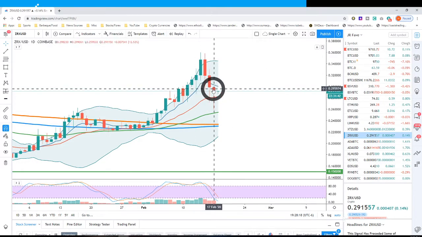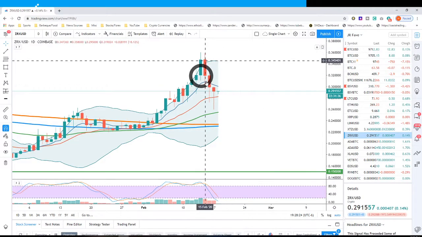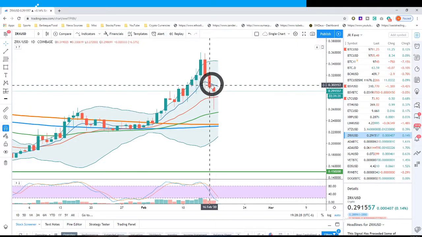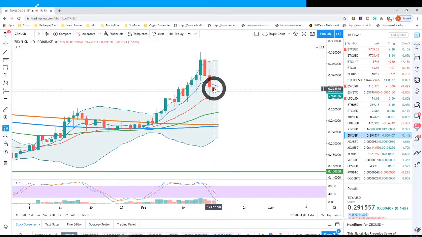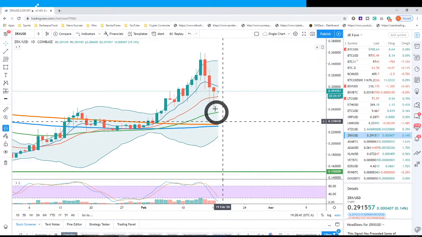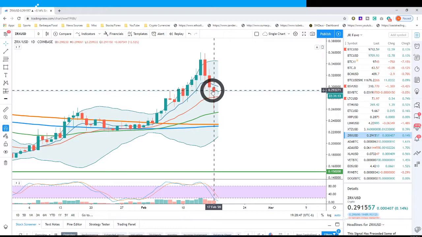That's a hammer candle. I would have preferred it be green. And all that means to me is that buyers came in and tried to get this thing into the green, but could not. So that's not always a bullish sign, right? Don't look at something like that and say, oh, that's an automatic hammer candle. I could point to instances on the bullish side where you get an inverse move of this, right?